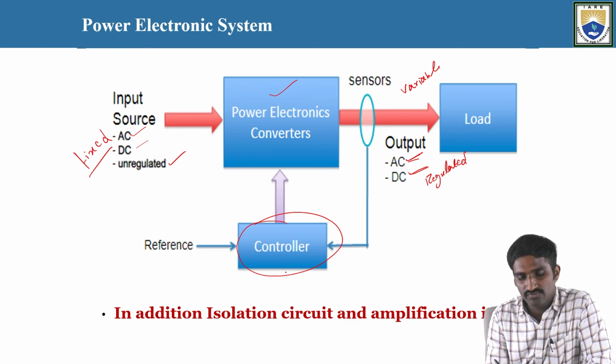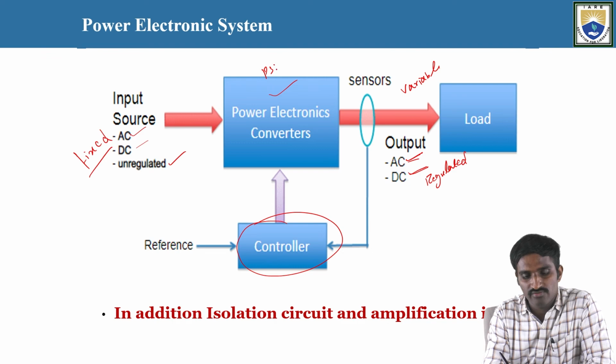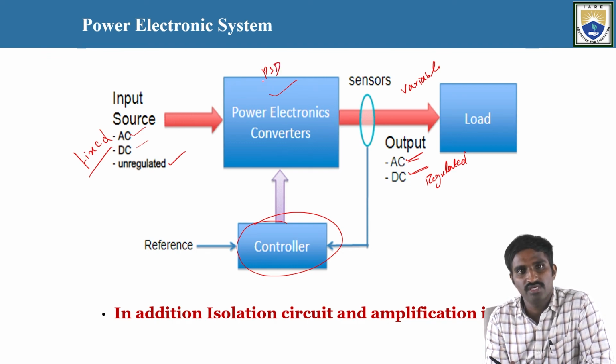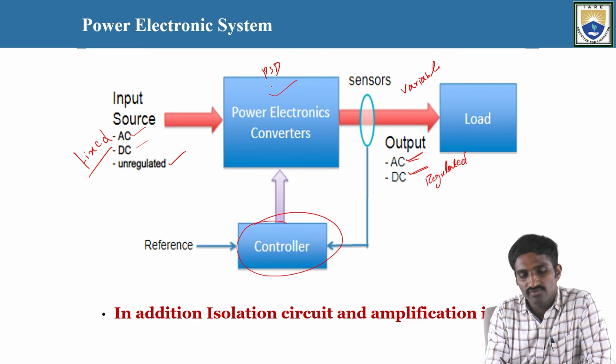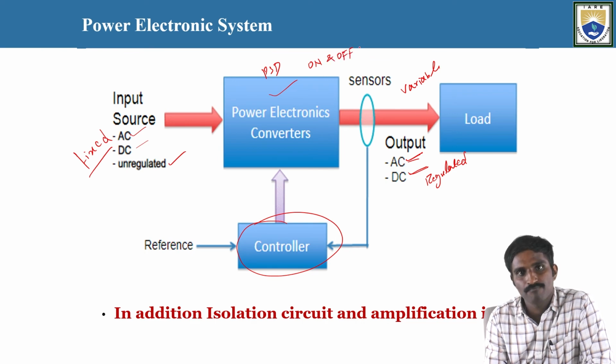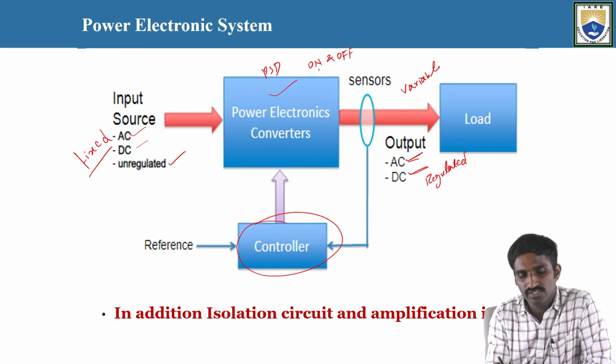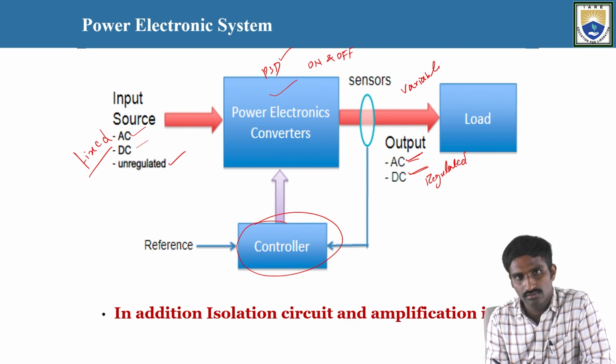So here the function of the controller is to control, because how are the power electronic converters made up? By power semiconductor devices. All power electronic converters are made with power semiconductor devices only. So the function of the power semiconductor device is just to turn on and off. Right, because of that, based on the turn on and off only, we have classified whether it is uncontrolled or semi-controlled or controlled, right?